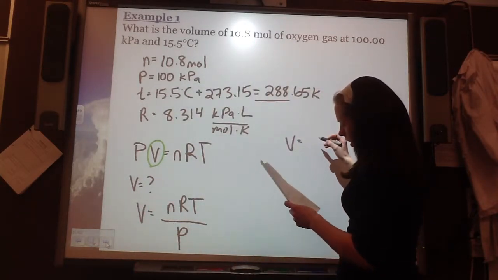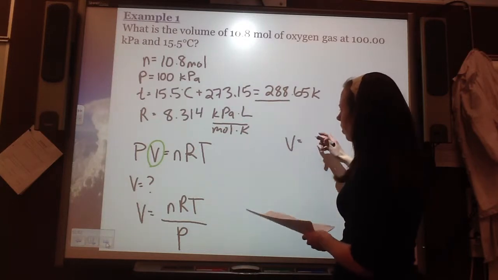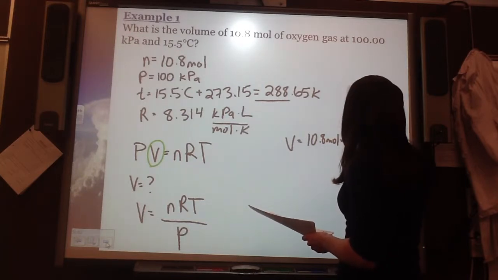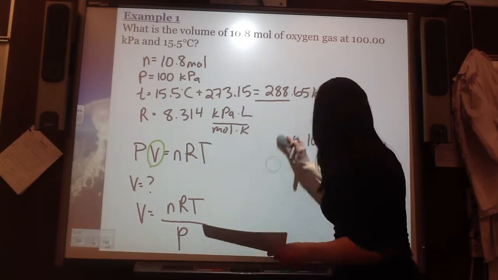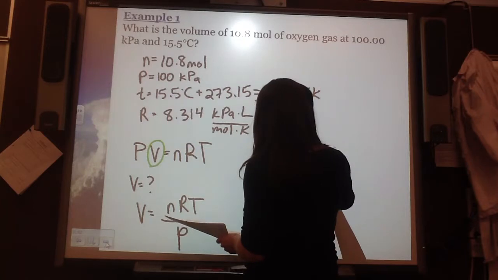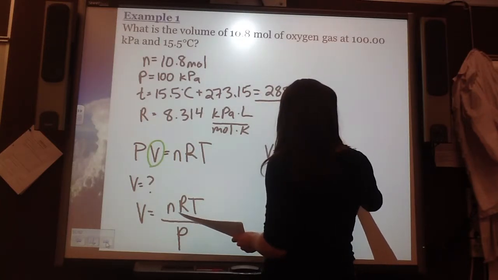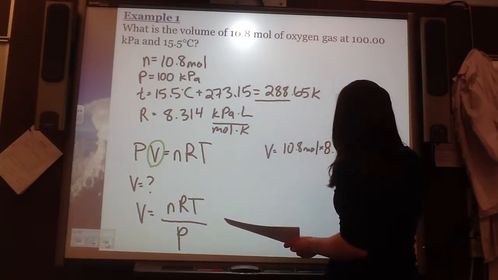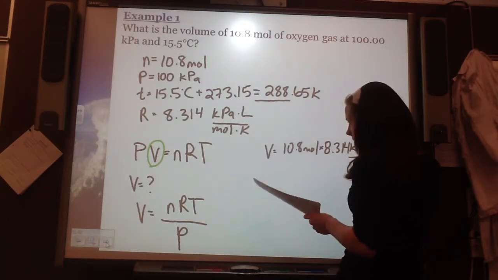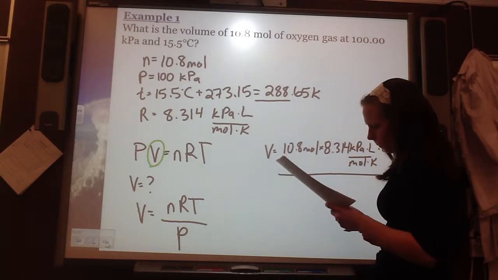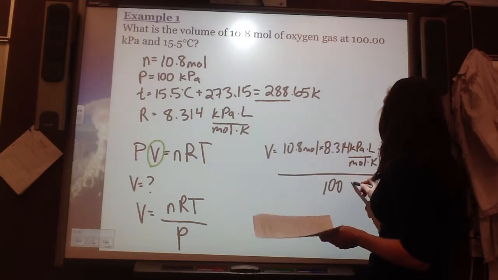So V is equal to 10.8 moles times 8.314 kPa times liters over moles times Kelvin, times T, which is 288.65 Kelvin, all divided by 100 kPa.